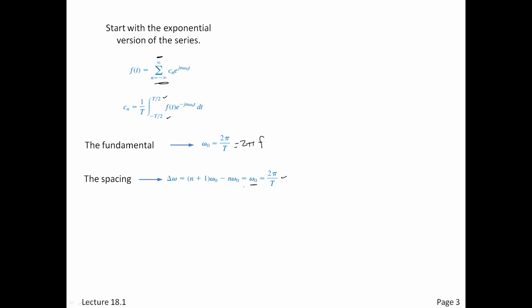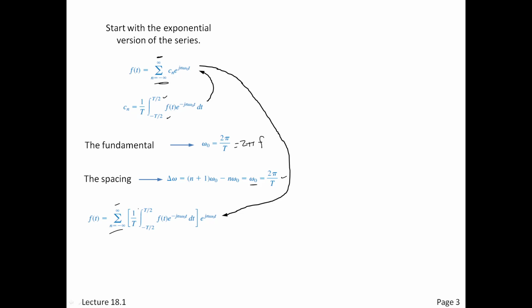Okay, nice stuff there. Now, if we take the c sub n's and plug them into f of t, we get this. F of t expanded is the sum over the full range, minus to plus infinity.